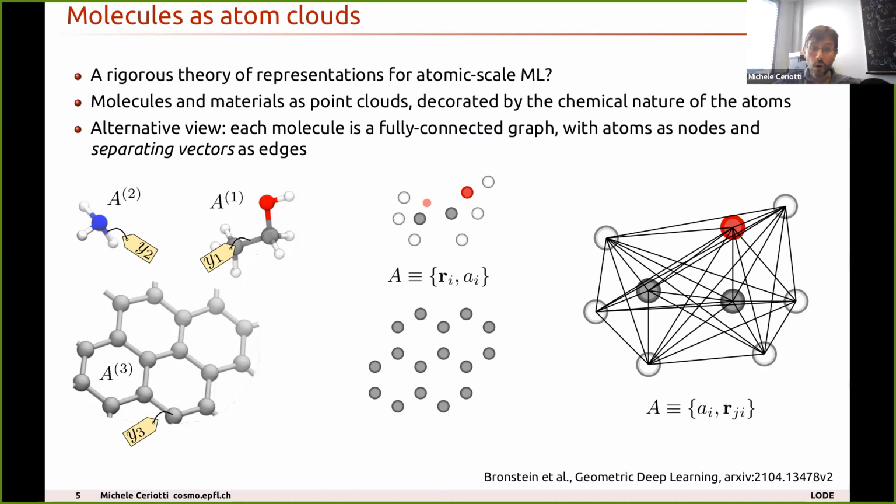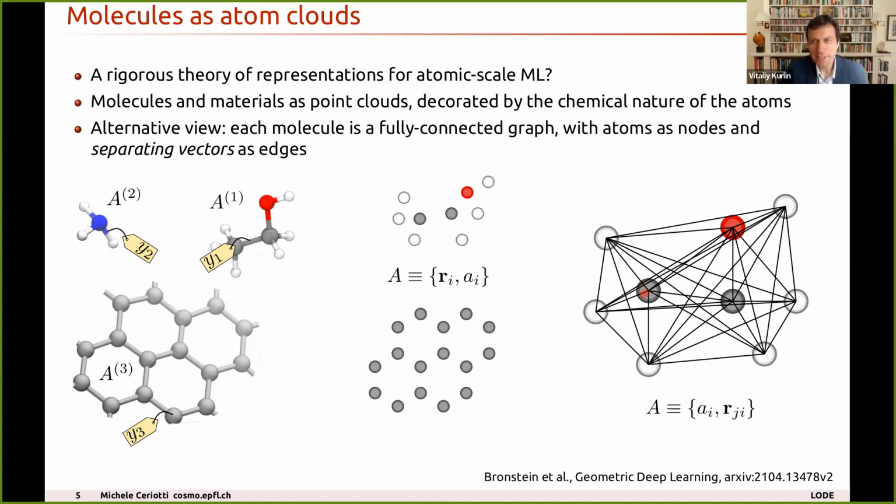So this is basically a point cloud decorated with the nature of the elements. And an alternative way of looking at this type of geometric problem is to regard a molecule as a graph, but it's a geometric graph in which the edges are decorated with information on the relative position of the different atoms. Now, these two descriptions are really equivalent.